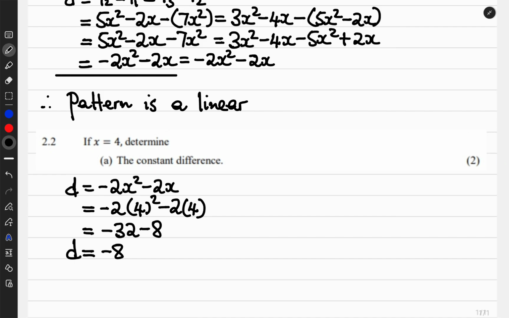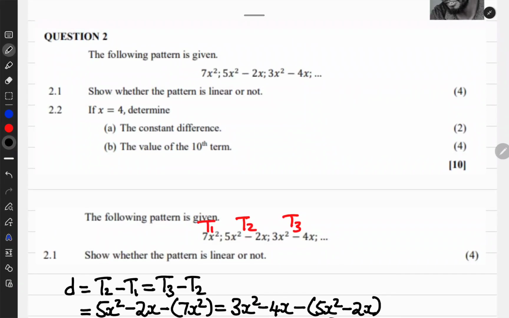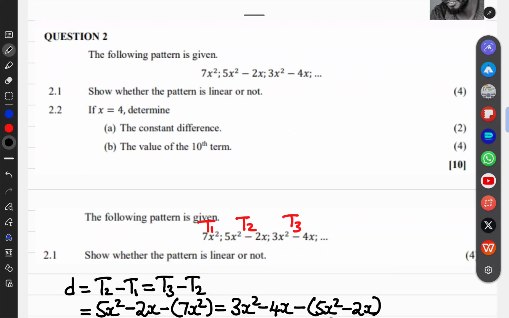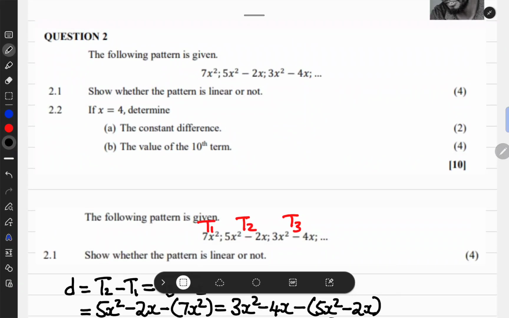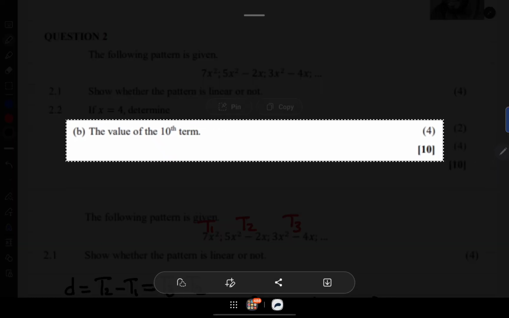And that's the second question. We just answered it nicely. Okay, let's move on to the last question.